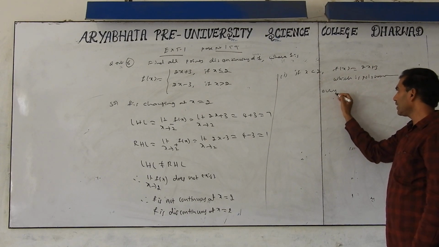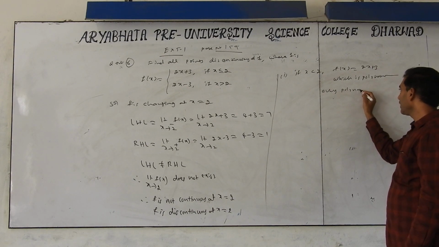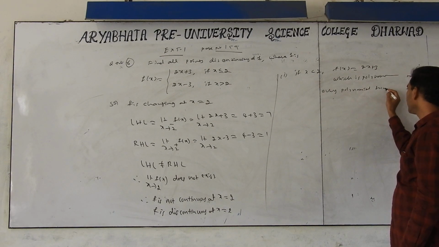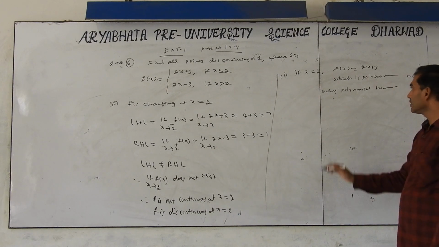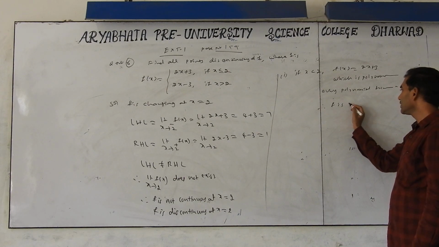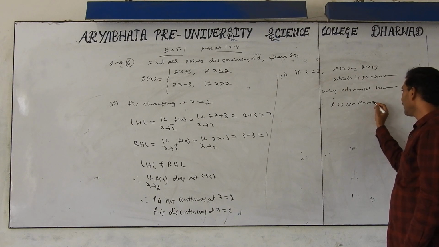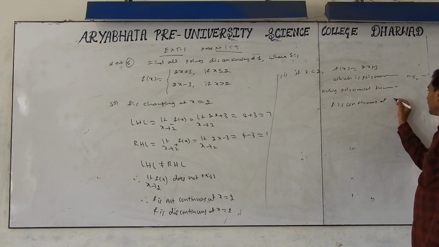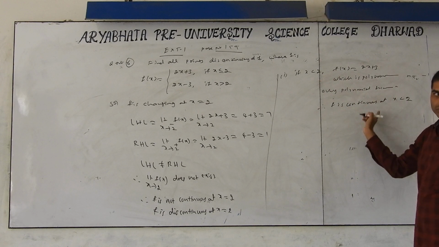Every polynomial function is continuous. Therefore f is continuous for x less than 2.